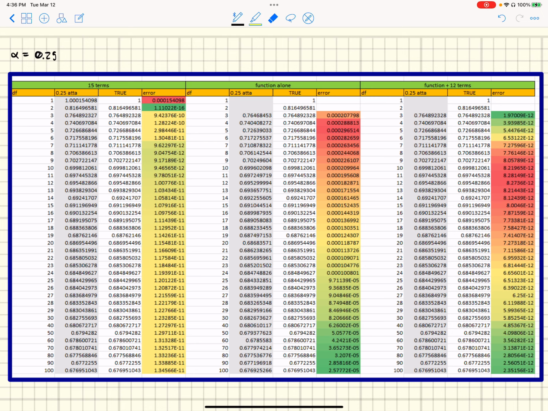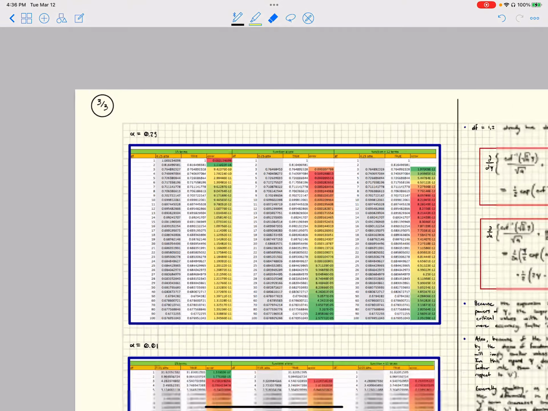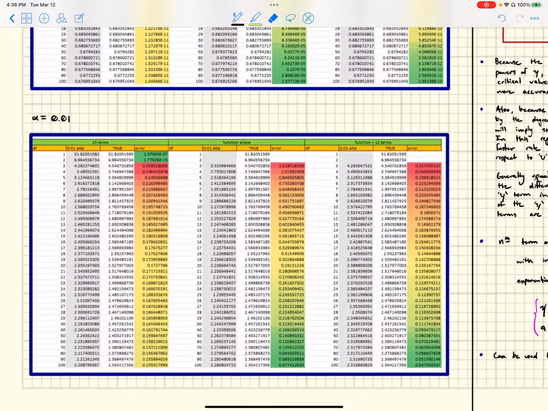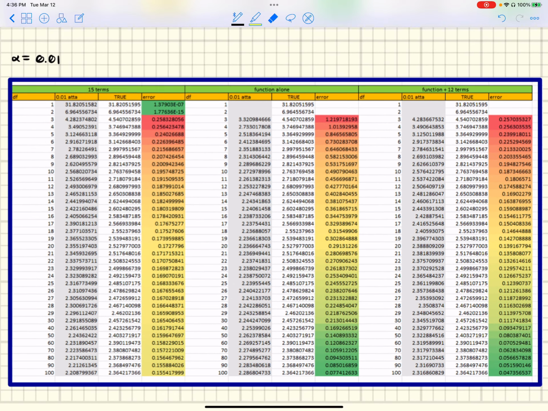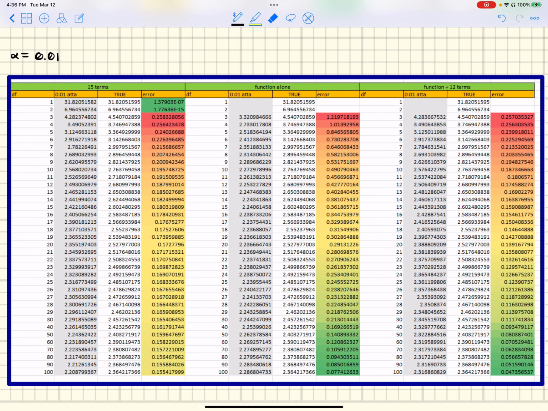And I need to also talk about what happens if you want more confidence, a higher confidence level. And I think the way I've explained this, an alpha of 0.01 is going to give you about 98% confidence. Well, if you want more confidence for your critical t value, the errors are going to be a little bit larger, and you're going to need more terms in the expansion to reduce your error.